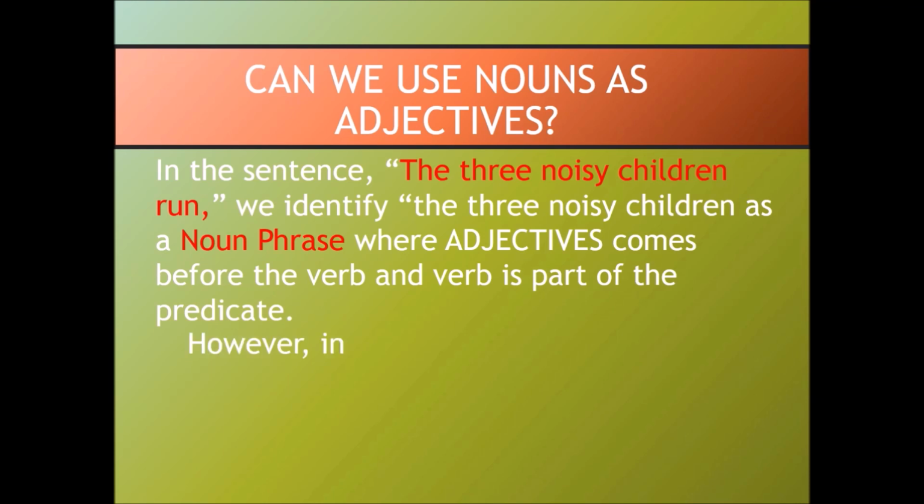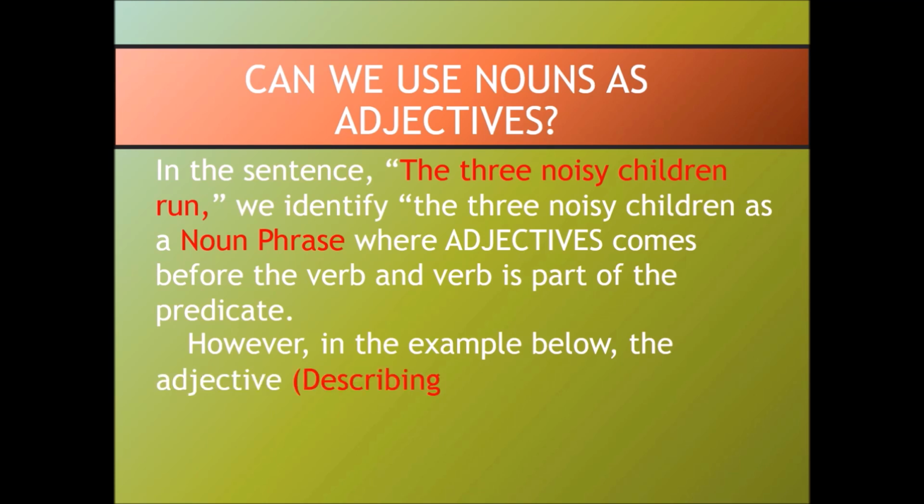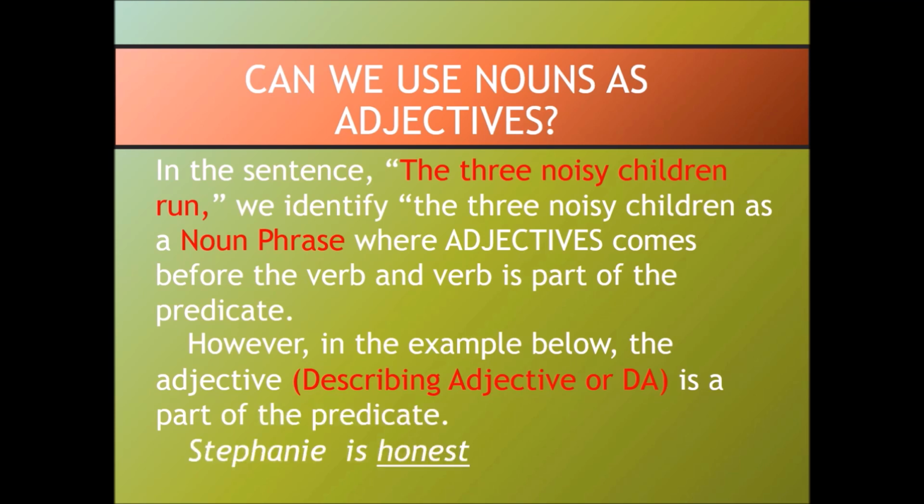However, in the sample below, the describing adjective, or DA, is a part of the predicate. Example, Stephanie is honest. So the describing adjective comes after the verb is.